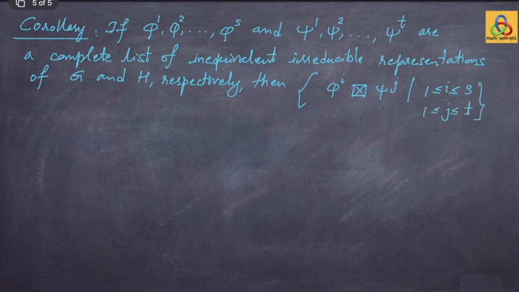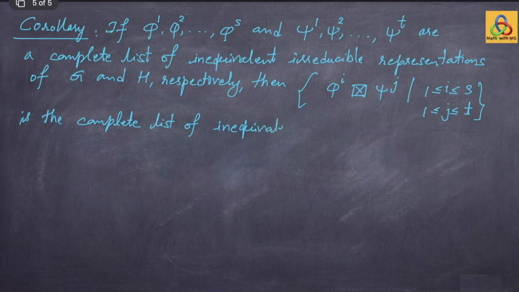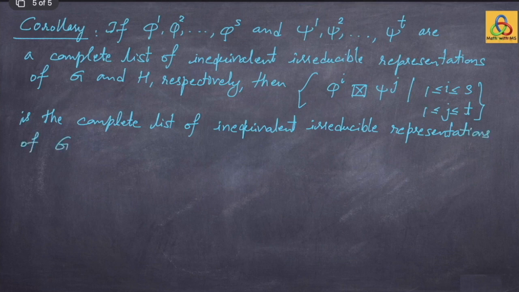It is a complete list of inequivalent irreducible representations of G times H. In fact, it turns out that every irreducible representation of G times H arises in this fashion. Let us prove it.